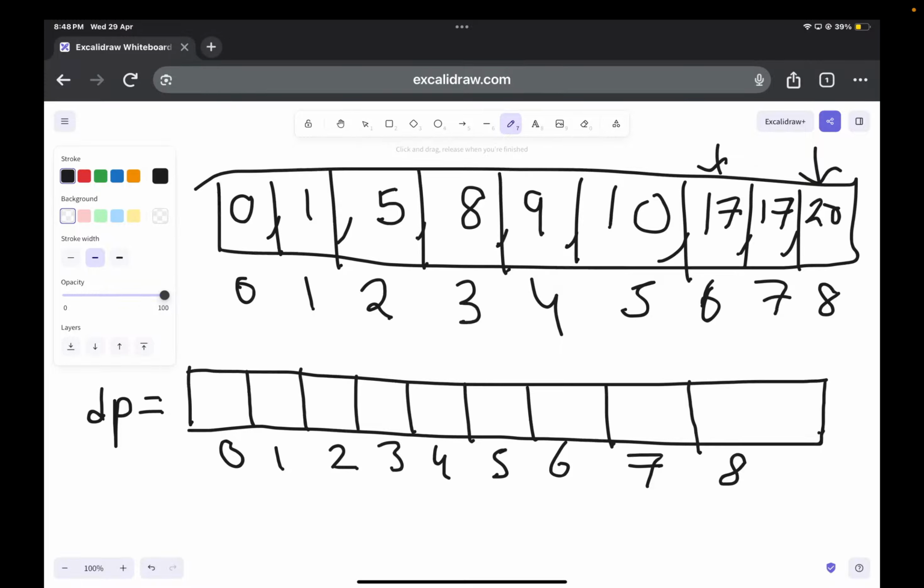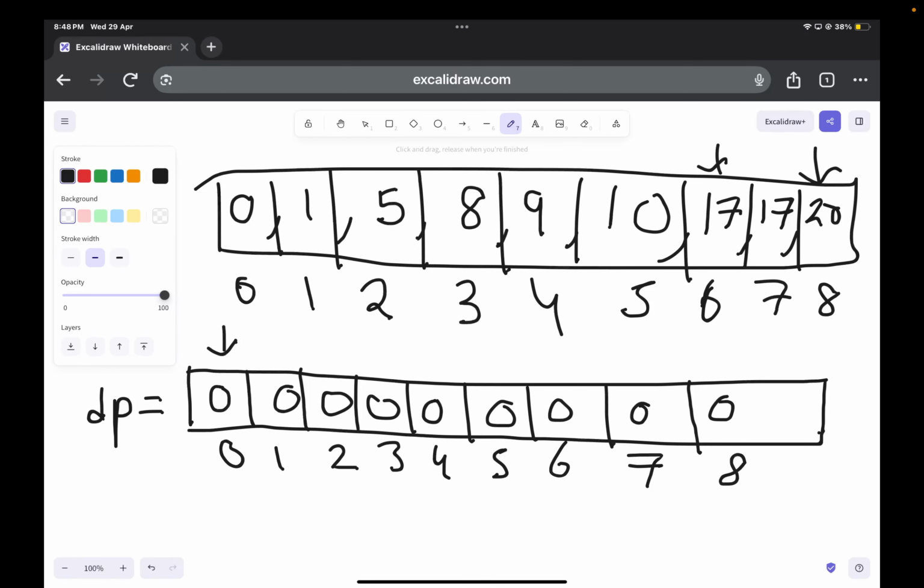Yes, sir. Okay, now I'll be filling everything with 0 in the beginning. Everything is 0. Now, if I want to sell 0 length, what is the amount I will always get? Zero length, who will give you 1 rupee? I'm talking about amount right now, not ways.